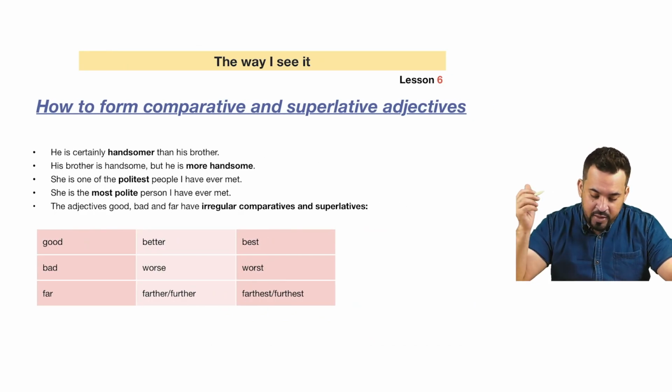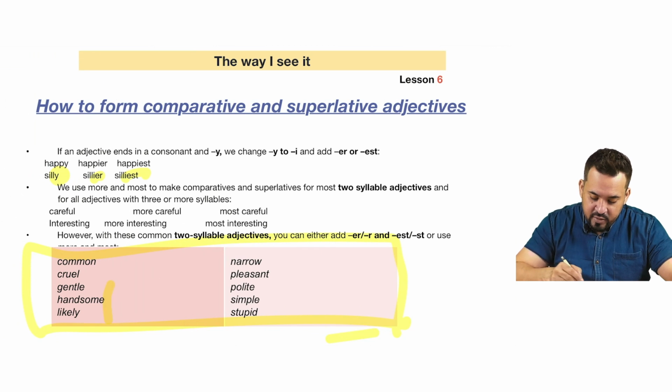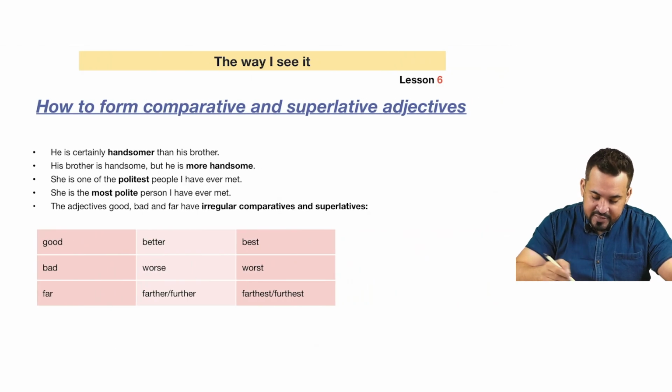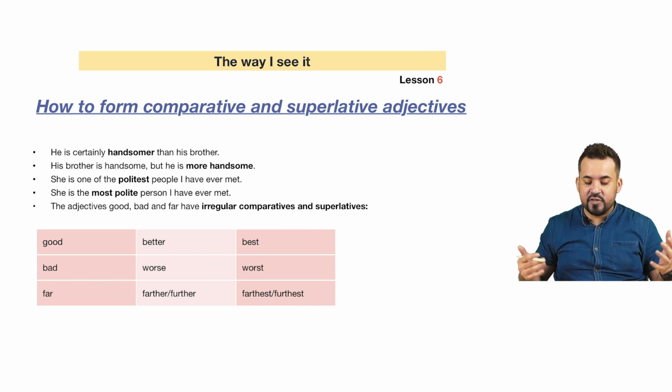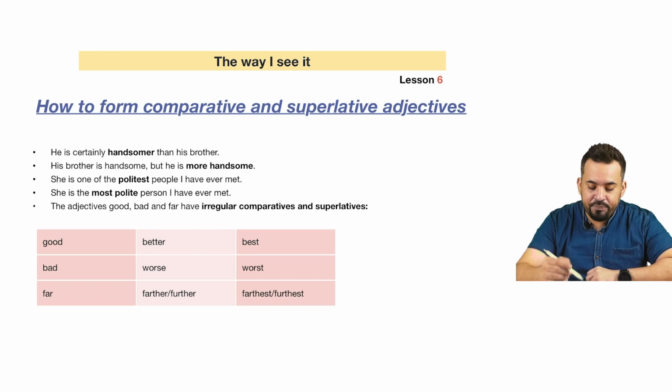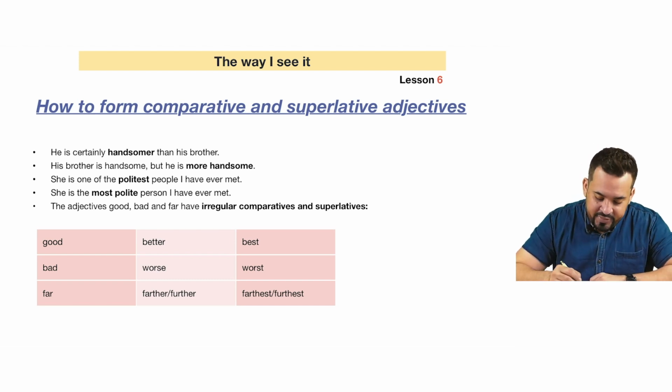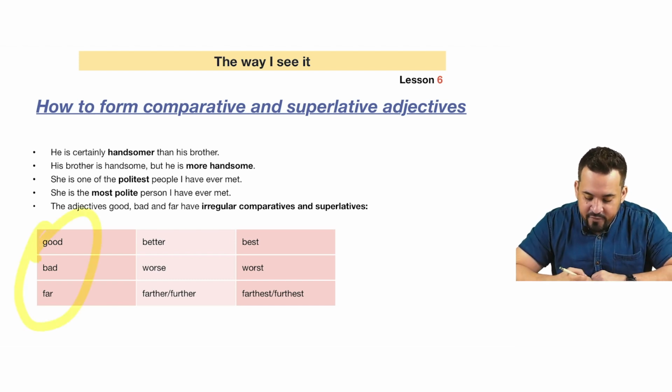Let's take a look at how to form the comparative. We're using these adjectives in sentences. He is certainly handsomer than his brother, or his brother is handsome, but he is more handsome. Now let's take a look at good, bad, and far.